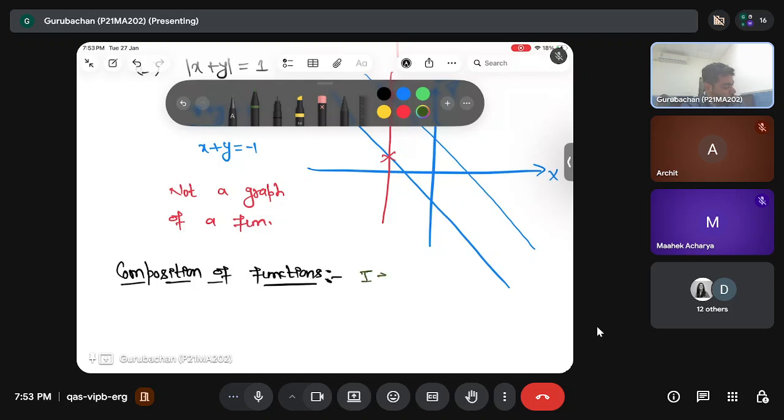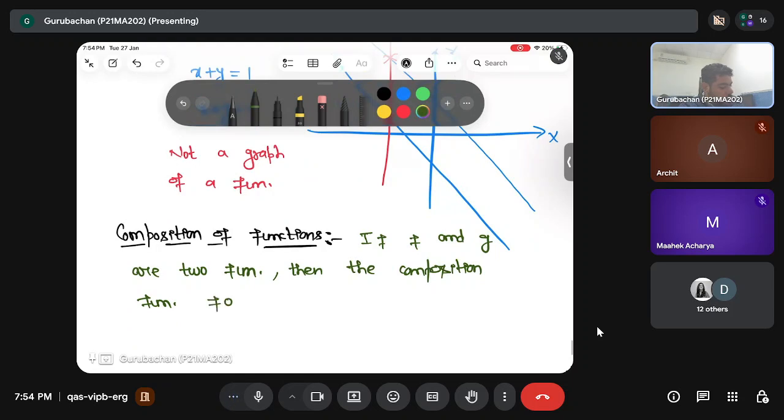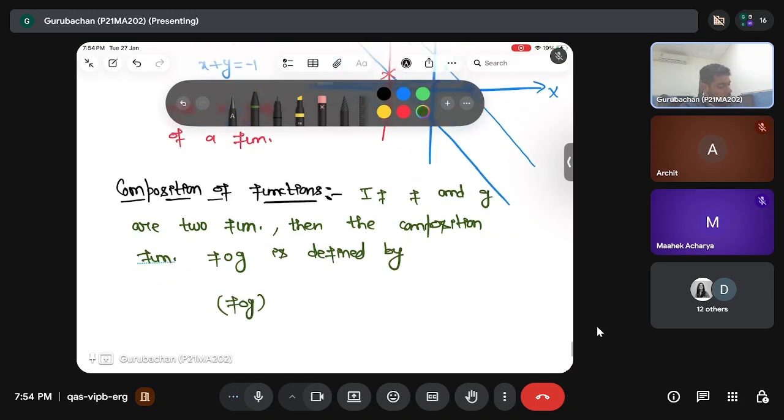If f and g are two functions, then the composition function is denoted by f circle g, that is f o g, and is defined by (f o g)(x) = f(g(x)).